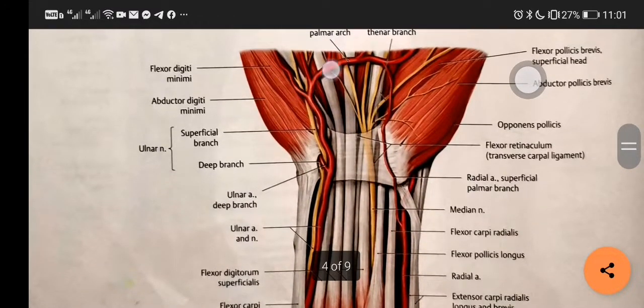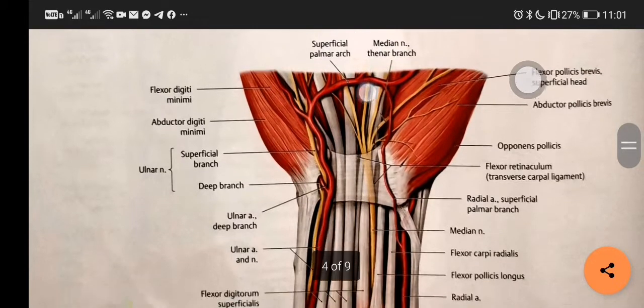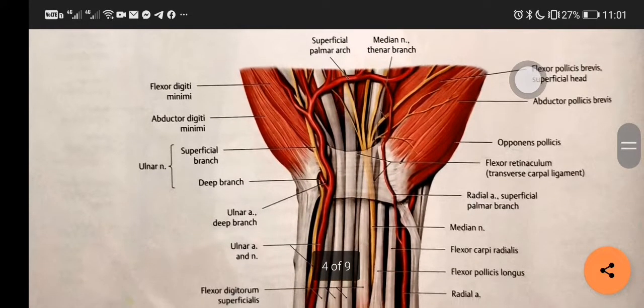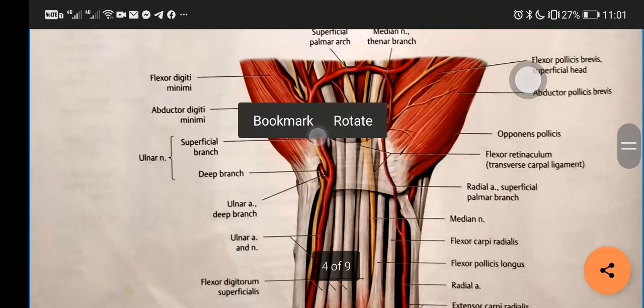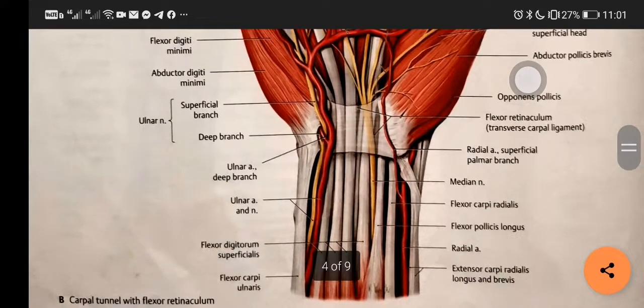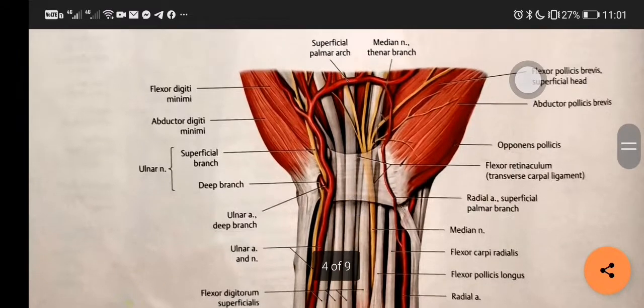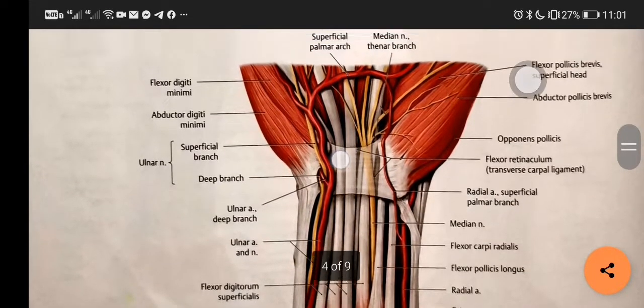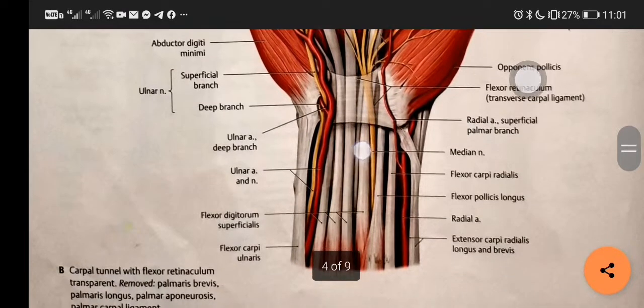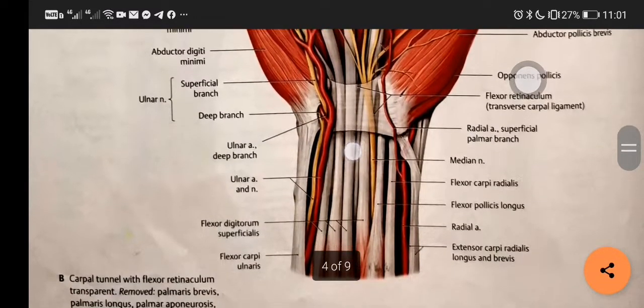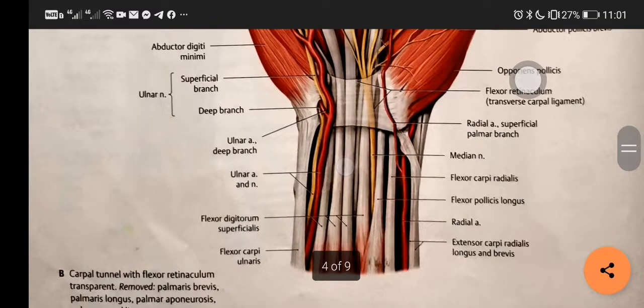They're going to fuse here and form an arch. This is your median nerve and your ulnar nerve, and this white here is tendons. And this over here is going to be your carpal tunnel. It's a tunnel where nerves and blood vessels and tendons pass.